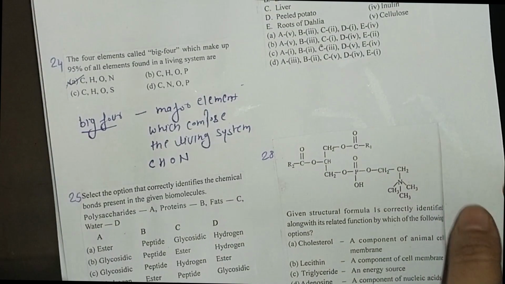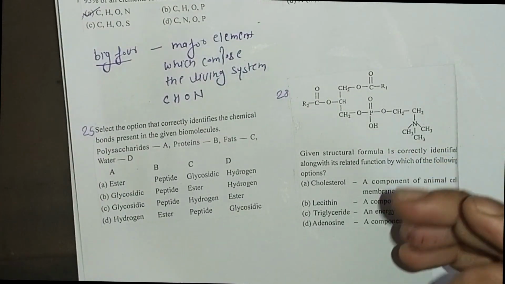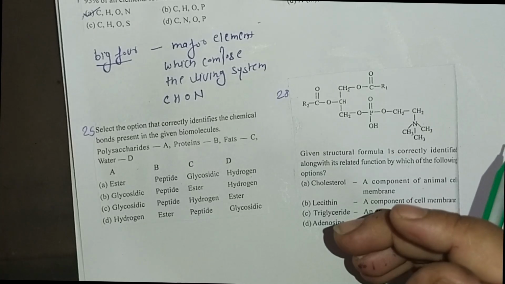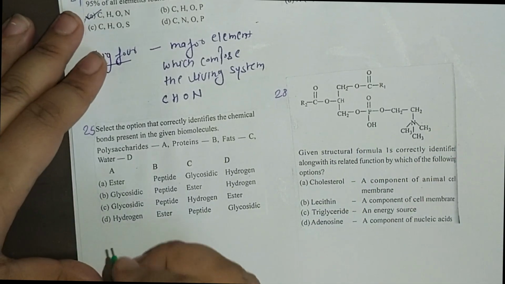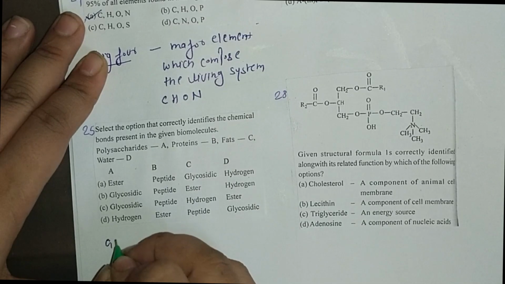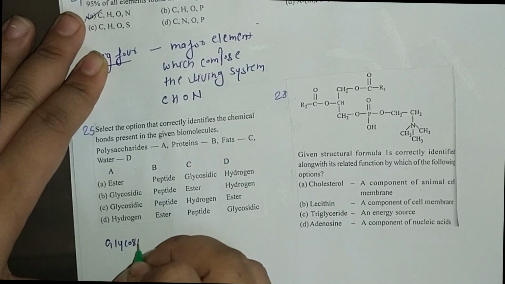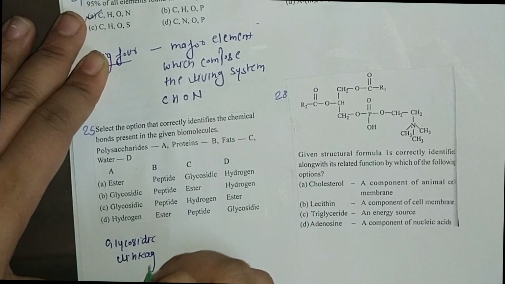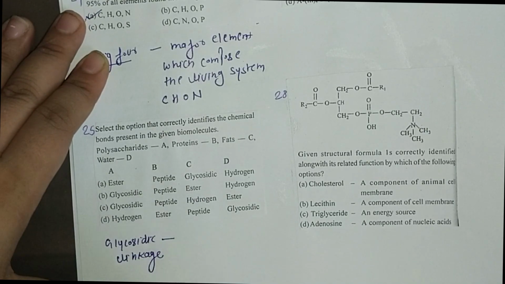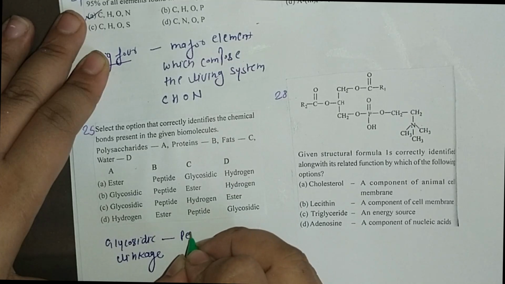Moving on to the next question. See, select the option that correctly identifies the chemical bond. First structure is polysaccharide, so each polysaccharide contains glycosidic linkage. Moving on to the next, protein, they have peptide linkage.